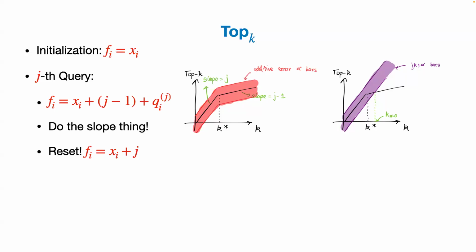So now we have a frequency vector that looks like this, and we are looking for the first turning point where the slope changes from j plus 1 to j. So we can use that idea to get an order of alpha estimation of the answer of the inner product. Now let's see how we can make it work so that the frequencies are like this for the J query.